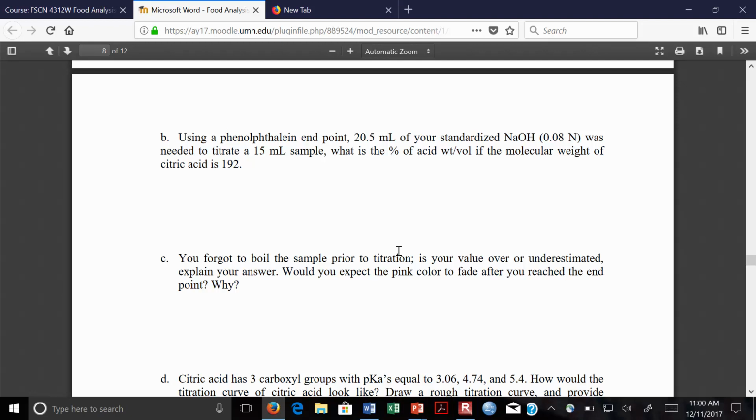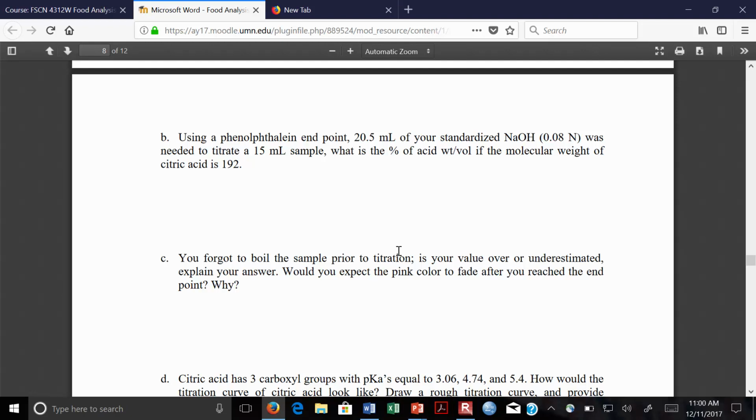Then you correct from milliliter to liter, so there's 1,000. You divide by the volume of the sample because you're getting a percentage of the sample, grams per milliliter. And you multiply by 100 grams per 100 milliliters, so it's weight by volume.